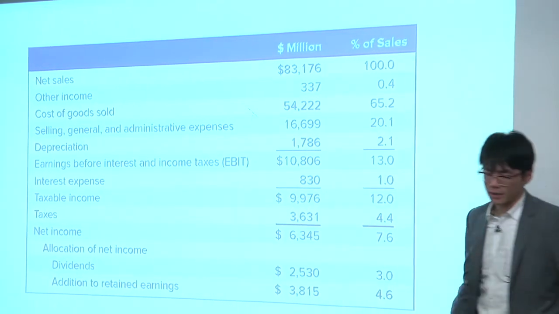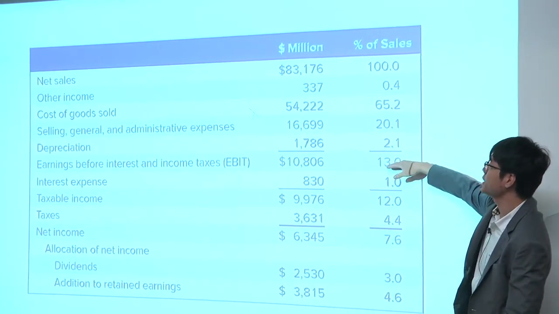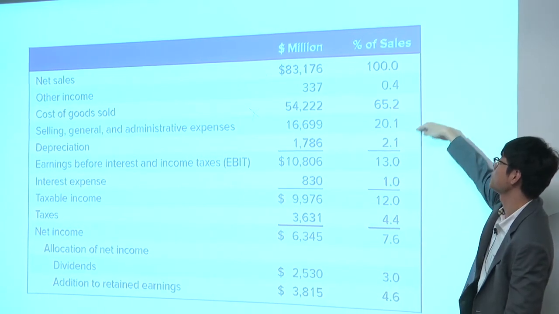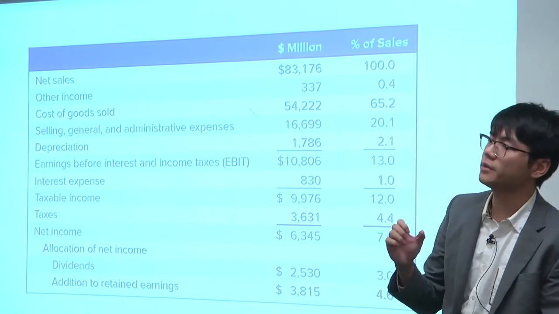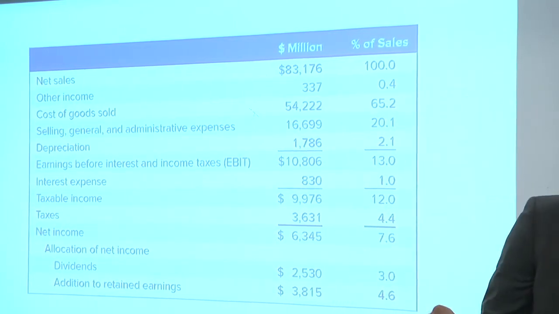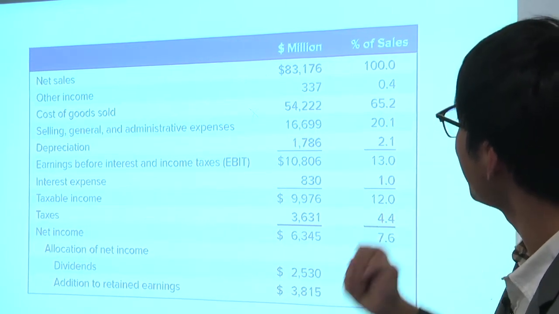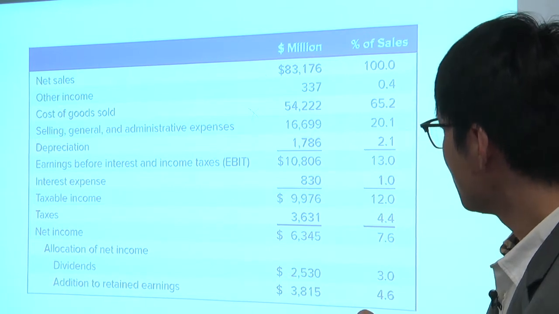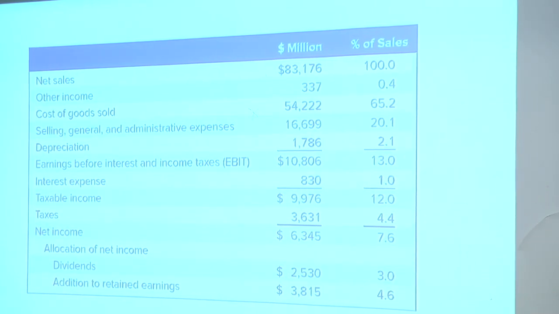But what I want you to understand first is the part before the EBIT, earnings before interest and income taxes. It's all your operations, right? You're using your revenue or sales minus all the real operations costs. Then you get to earnings before interest and income taxes. Then after that, we deduct interest and tax, and then we reach net income.